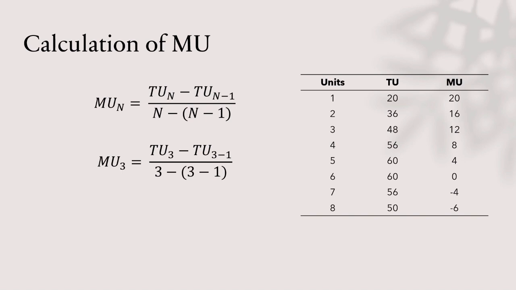For the third marginal utility, we can calculate it as TU3 minus TU2 divided by 3 minus 2, which is equal to 48 minus 36 divided by 3 minus 2, which is 12. So the marginal utility of the third unit is 12. This is how we calculate the marginal utility with this formula.